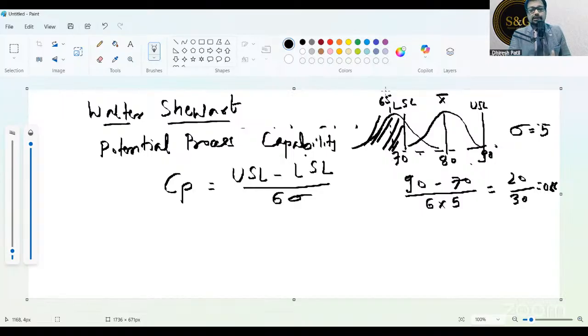Type in the chat box. Can you calculate the potential process capability Cp again with this new process which has deviated from the center, with the same standard deviation? Just calculate once again.